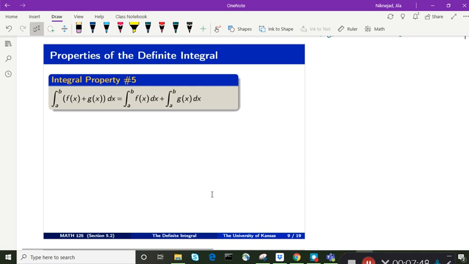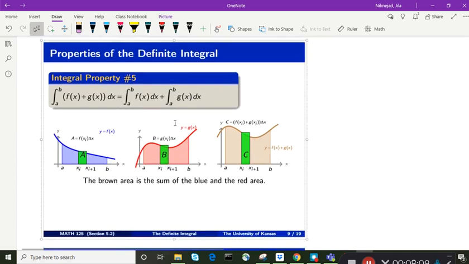So now, property number 5. If I take the integral from A to B of f of x plus g of x dx, this is a sum of the two functions, then it would be the integral from A to B of f of x dx plus the integral from A to B of g of x dx.